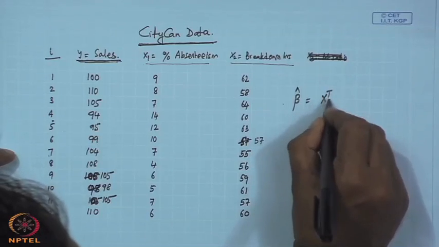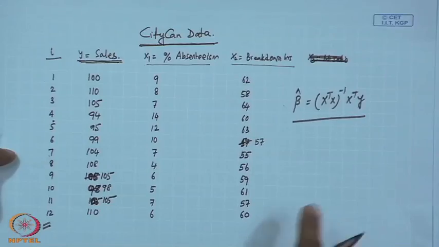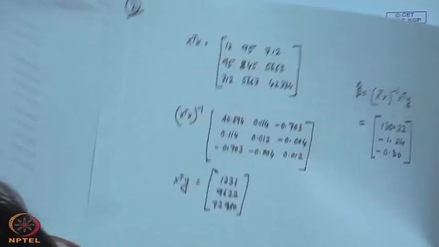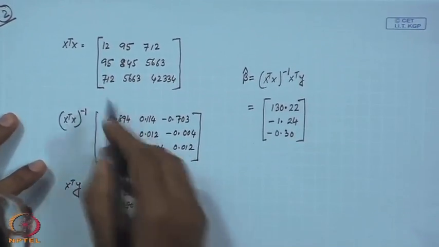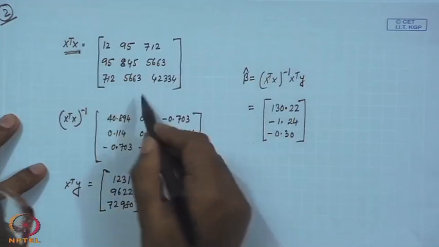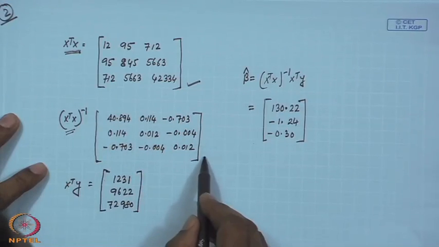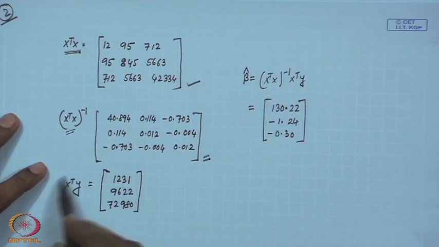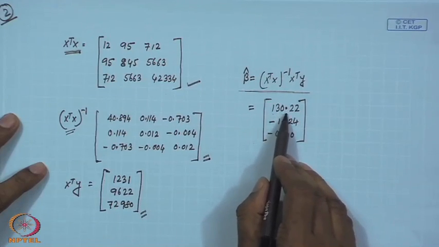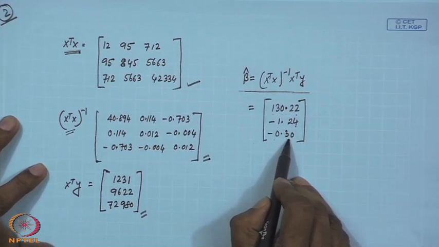So, first work is you calculate beta cap, this will be x transpose x inverse times x transpose y. We will not go for the calculation now because we have already seen the data matrix x, the conversion from x to x transpose x, these are the values. X transpose x inverse is also computed and these are the values, and x transpose y is these values, and if you calculate this then your values are 130.22, minus 1.24, minus 0.30.